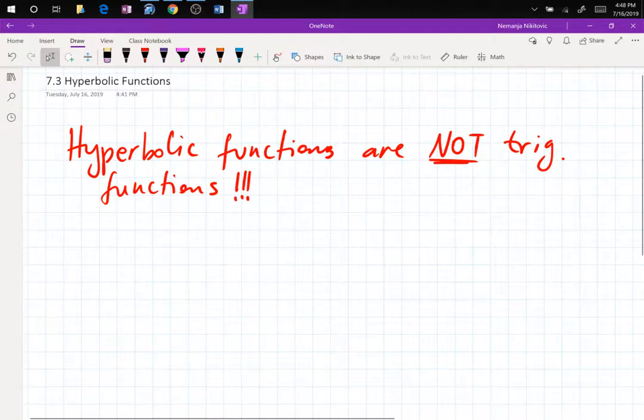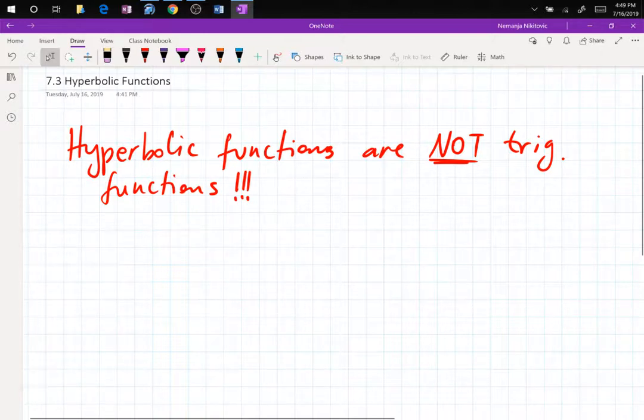So it has a different wavelength, meaning the period is different. So we have these periodicity rules for all 6 trigonometric functions. Hyperbolic functions are not periodic at all. Therefore, they are a completely different type of functions.